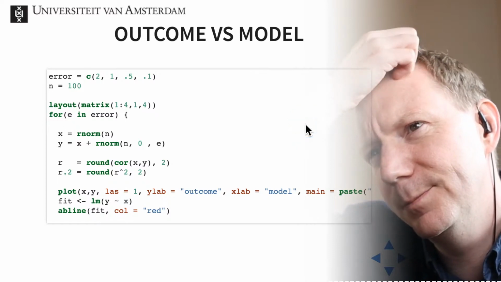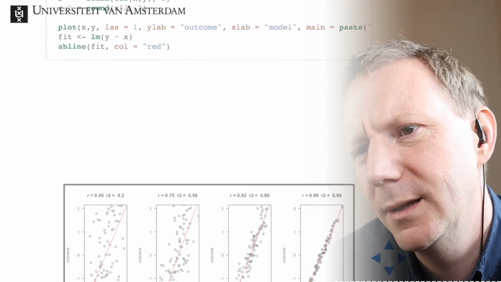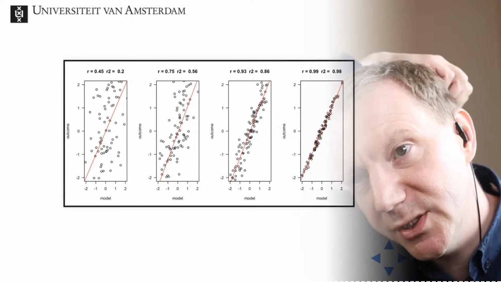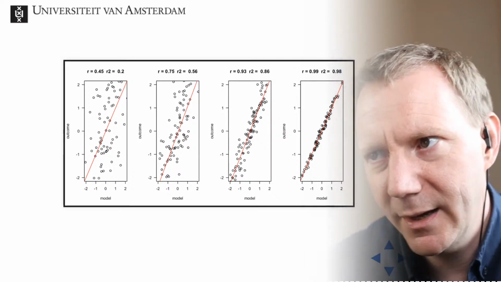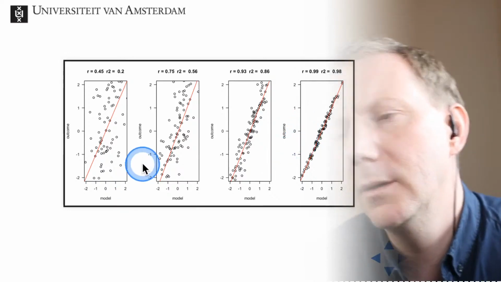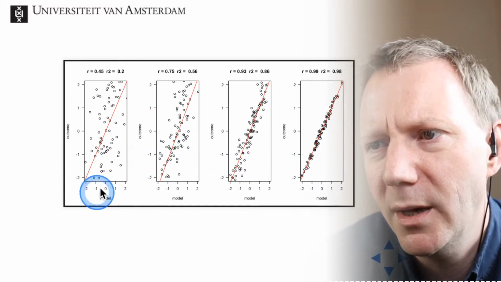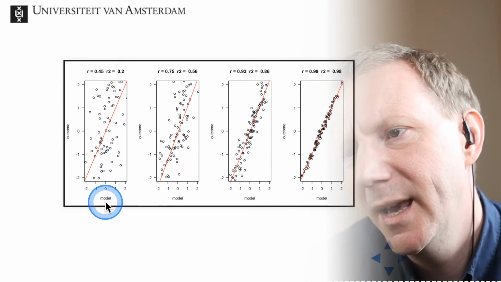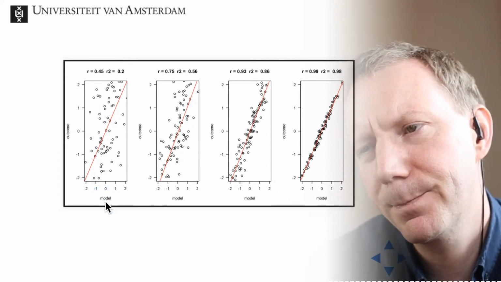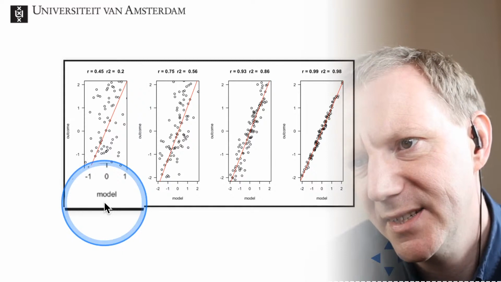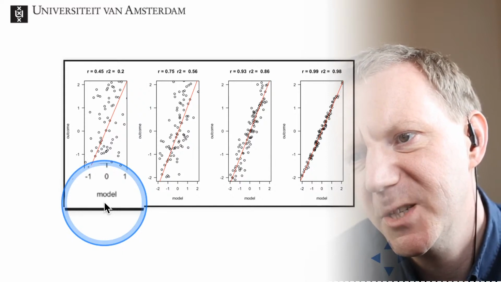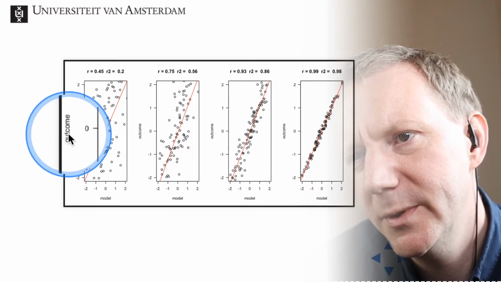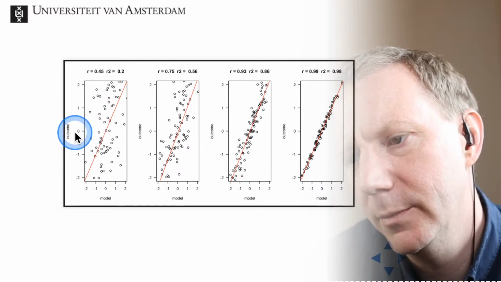So if we look at the outcome versus the model, I've plotted a few different relations. What you see here on the x-axis is the model, the expected value, and on the y-axis the outcome.